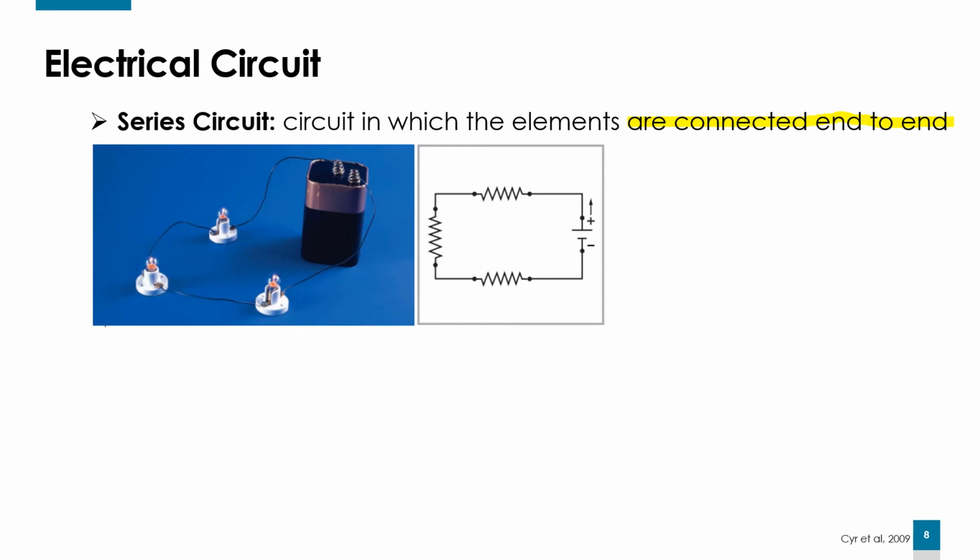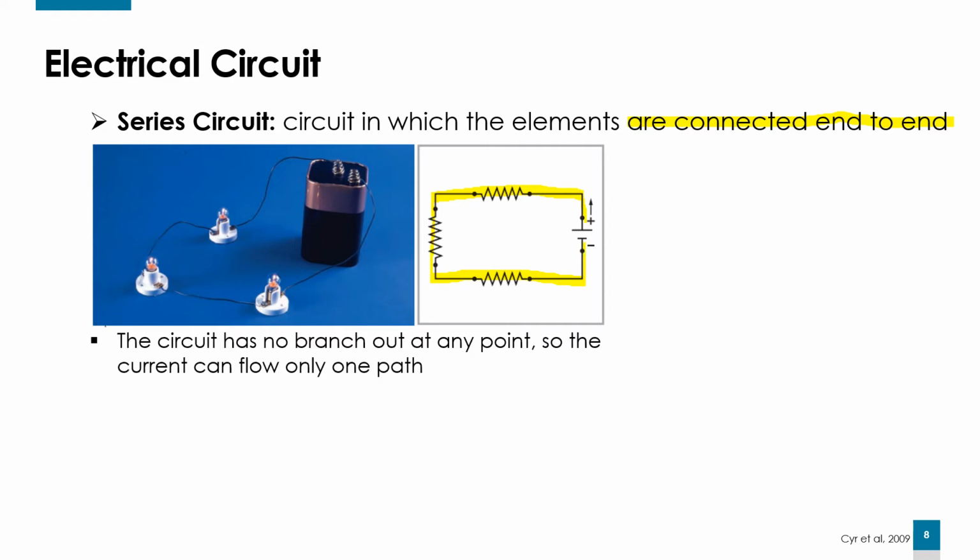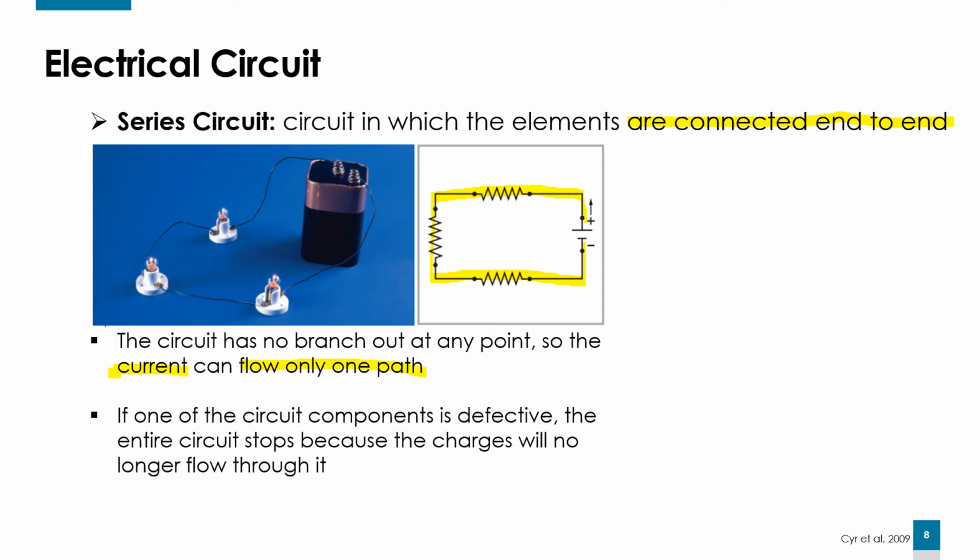Okay, so I come from positive and I go in just one direction. The current flows in one direction only. So in series circuits, the circuit has no branch out at any point. So the current can flow only one path.